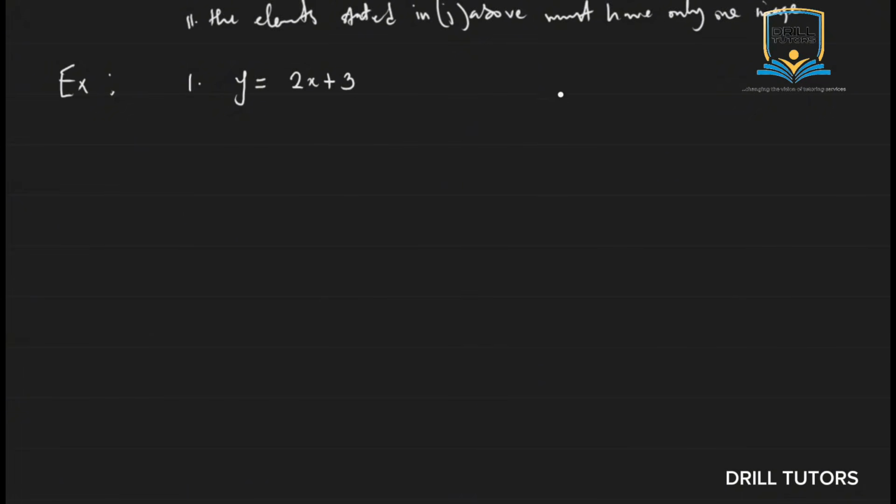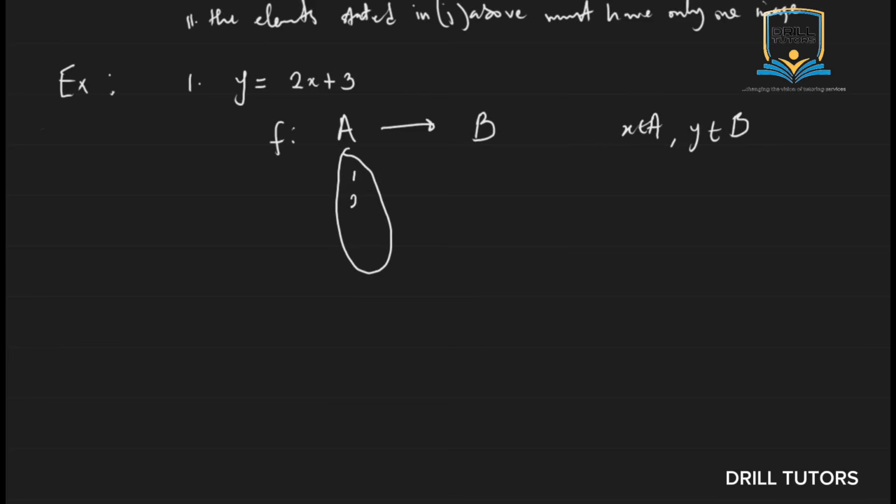So you have a function that maps A to B. In this case, x is an element of A and y is an element of B. Now, let's say the elements in A are 1, 2, 3, 4.